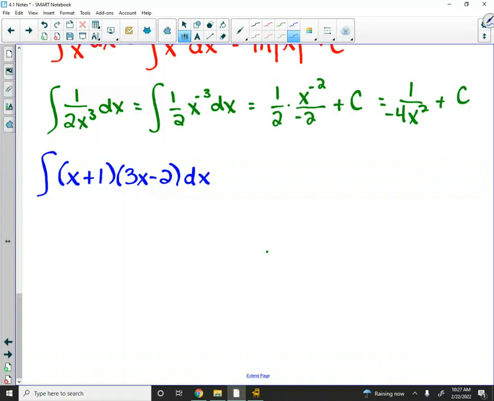Good news is when we're integrating, you don't have to memorize a product rule. There's not a product rule to memorize for integration. Bad news is there's not a product rule in integration. We've got to manipulate it in some way so we don't have a product. So any ideas? What could we do with that to get rid of our product? Yeah, we've got to FOIL.